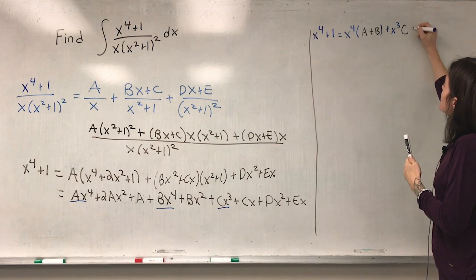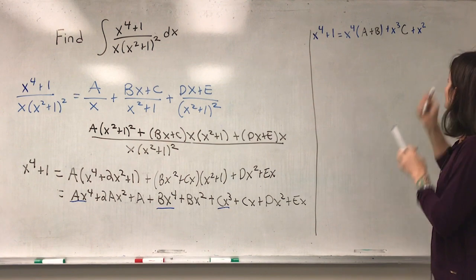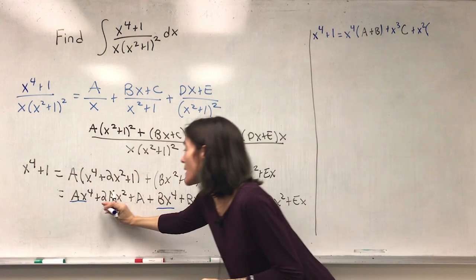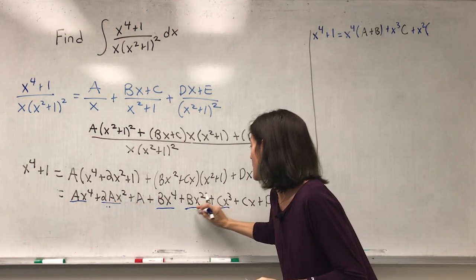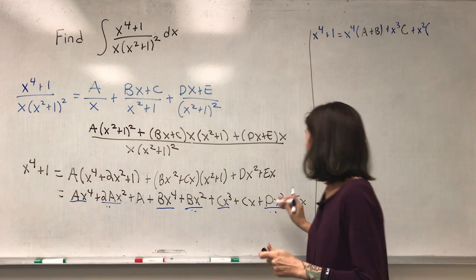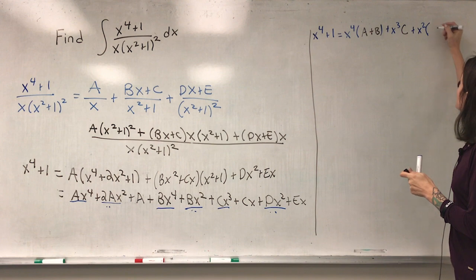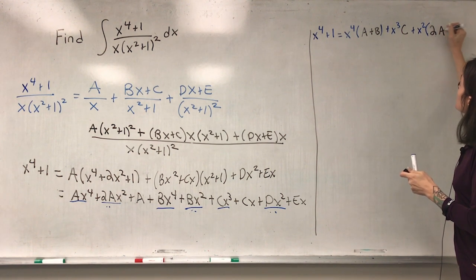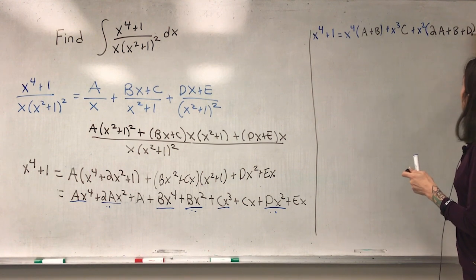And then I should have an x squared with a bunch of terms. My x squared, I have a 2A, I have a B, I have a D. Okay, so it's going to be 2A plus B plus D.